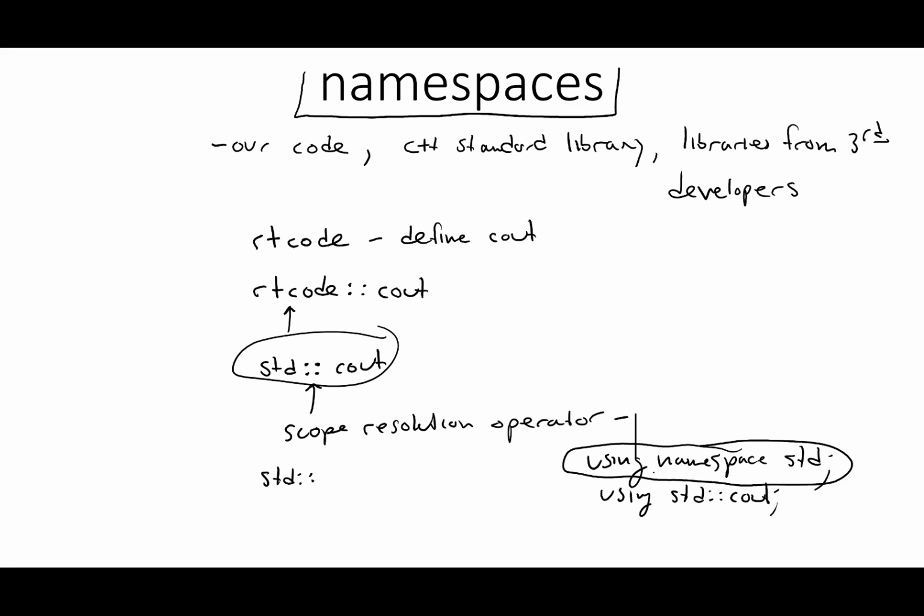If we have large programs, which you're probably going to be working on if you're working for a company or you're a developer, you can end up with clashes. What if your company has a namespace that also defines cout differently? Then if you have using namespace std, that can cause a possible conflict with another namespace that you might be using. So there can be a possible naming conflict.